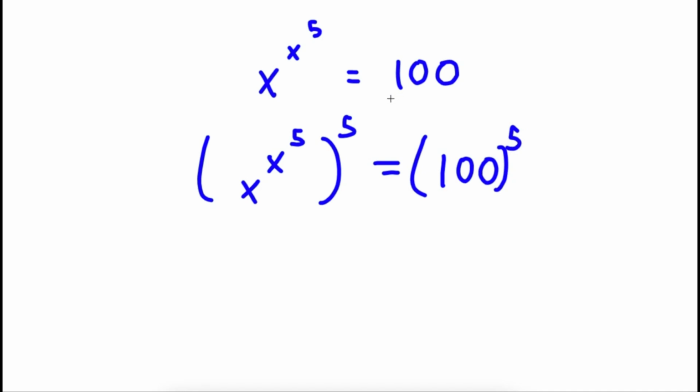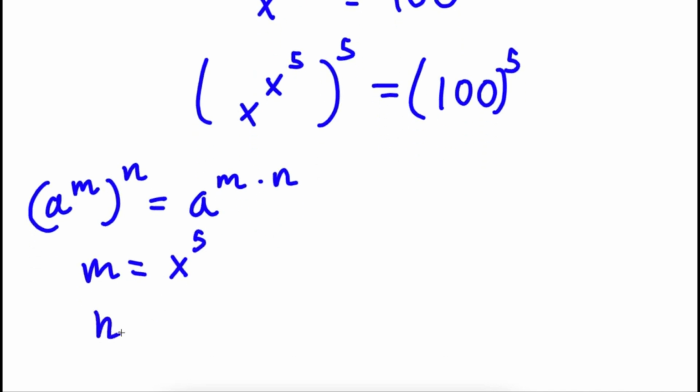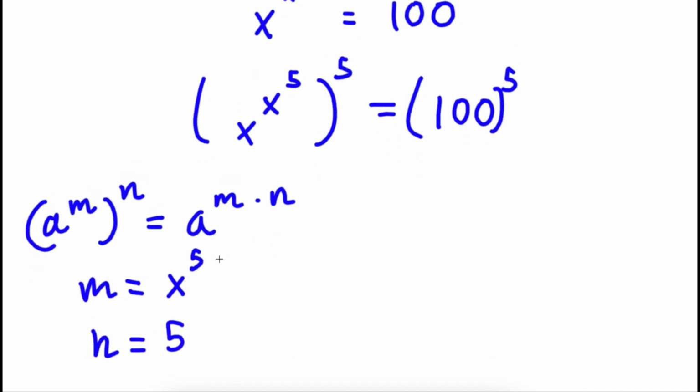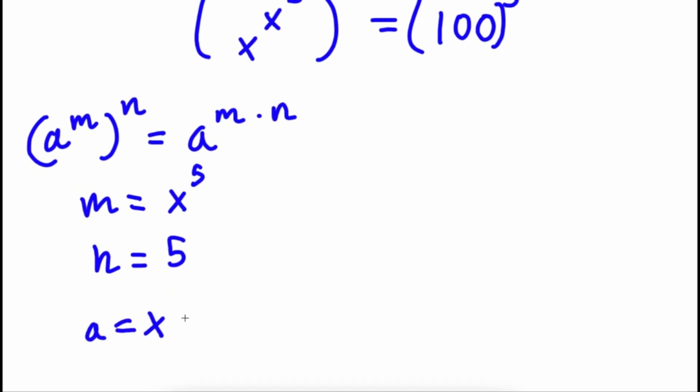Now, if I have something in the form a to the power of m to the power of n, this is equal to a to the power of m times n. So in this case, I have x to the power of x to the power of 5, to the power of 5, and we can think of m as x to the power of 5, and n as simply 5, and a as obviously x.